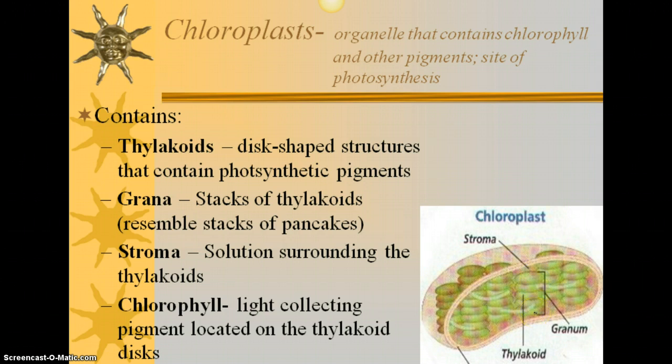And if we look inside of one of these thylakoids, we will see the pigments, the chlorophyll. The other term that's in here is stroma, and that's just the solution that's inside that holds everything in place, kind of like cytoplasm is in the cell. The stroma is just a solution that's in there that makes it fluid inside there.